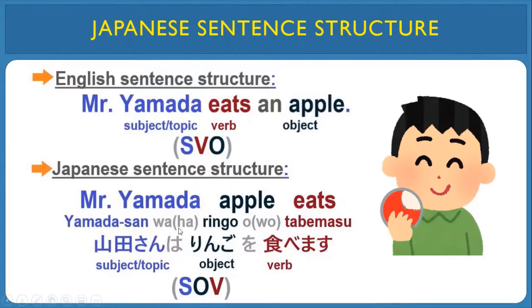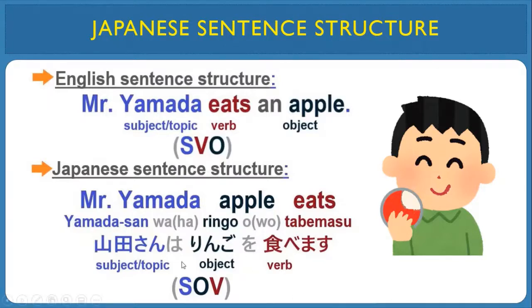If you look here, this is wa. Though in hiragana it is written ha, we read it as wa. And this, we pronounce it as o, but when you write o, you won't be able to find it. Instead, you will find this a, i, u, e, o. So when you type, you have to type w-o, then you will get this o.